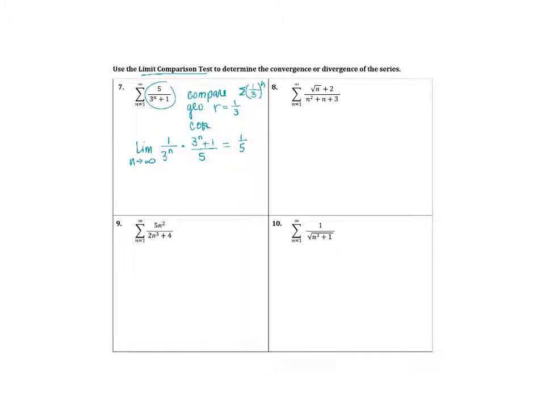So here that 1/5 is between 0 and infinity. So by the limit comparison test, we see that the series from n equals 1 to infinity of 5 over 3 to the n plus 1 does whatever we said it was going to do: converges.